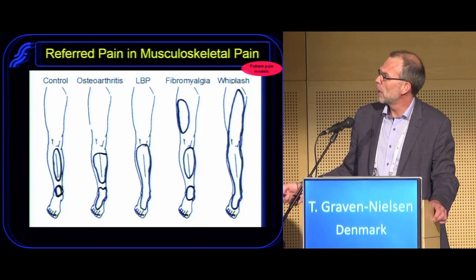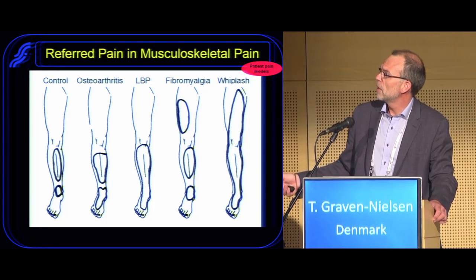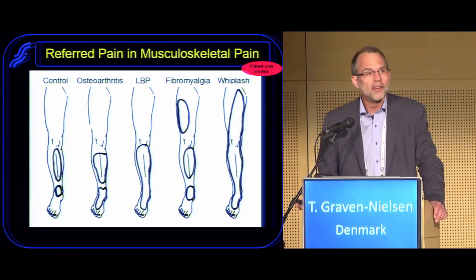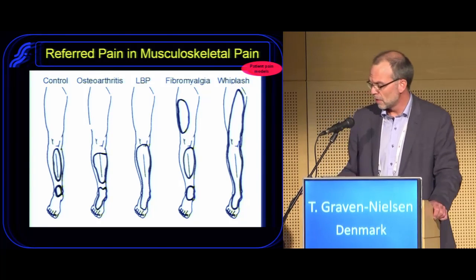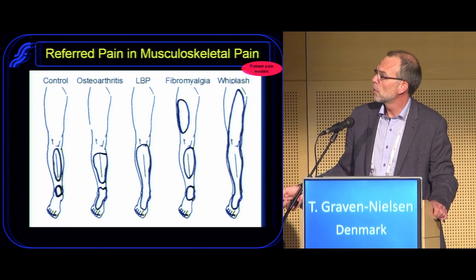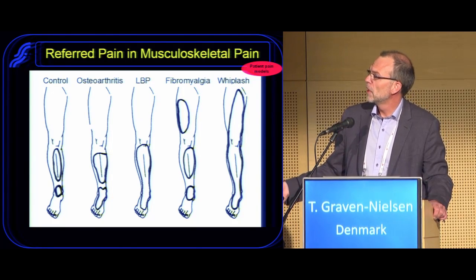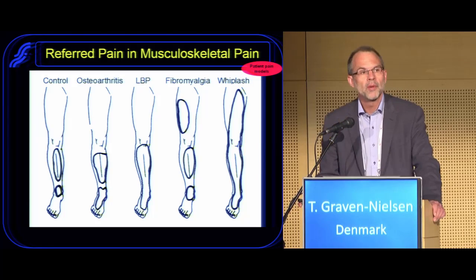If you look at fibromyalgia patients and whiplash pain patients and look at the pain areas from an injection of hypertonic saline into the tibialis anterior muscle, then you see that these typically present with extremely large referred pain areas. But also this very well characterized group of patients, the knee osteoarthritis patients, also demonstrate significantly larger referred pain areas.